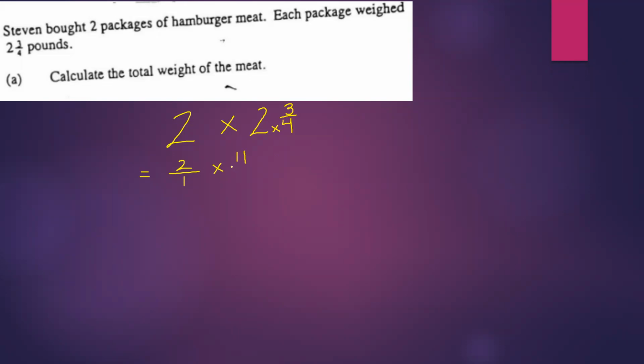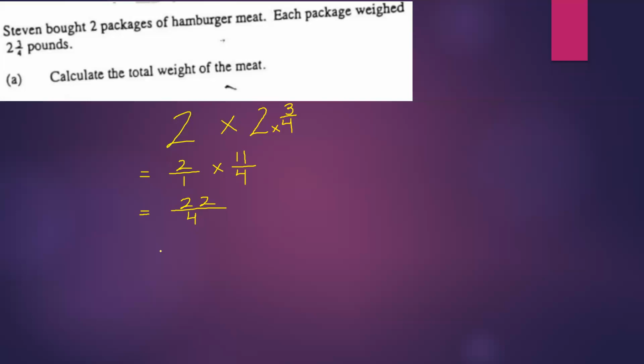It's going to be 11 over 4. So it's 2 times 11, which is 22, over 1 times 4, which is 4. So 22 divided by 4.